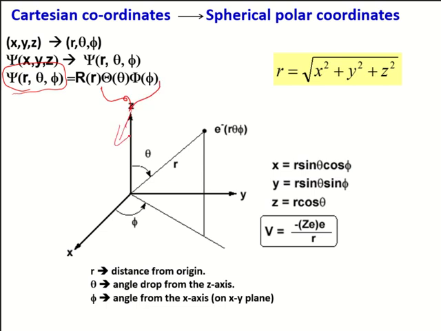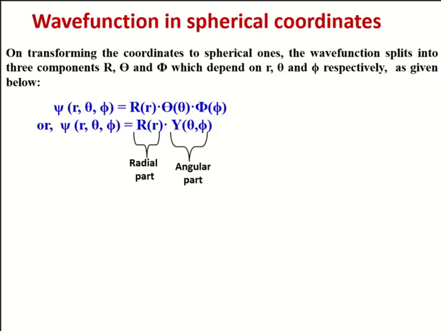This is your angular part, and this is called angular wave functions. So radial part and angular part we take together. So angular part is taken together, the theta and phi wave function.